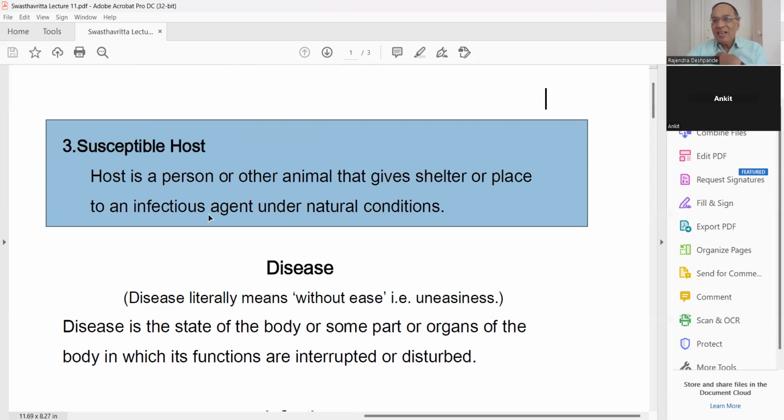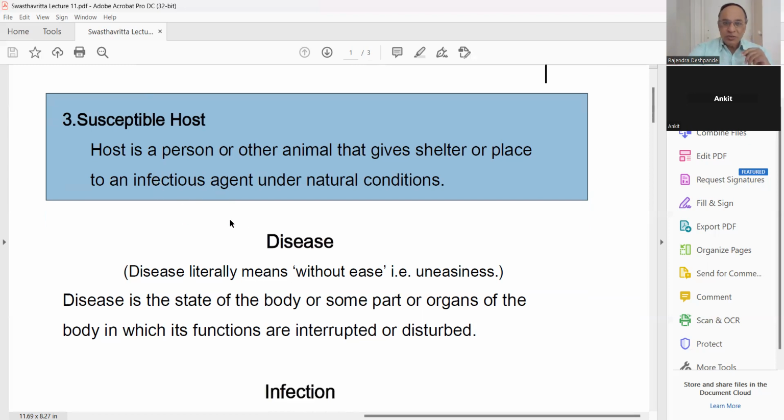Or living place. Come and sit in me. Or go into my body and stay over there. Host is always having less immunity. Please write down this word, less immunity, I-M-M-U-N-I-T-Y. Weak person. So he can give the shelter to the malaria, for example, can spread from one person to another. So this shelter giving person or animal is called a host.